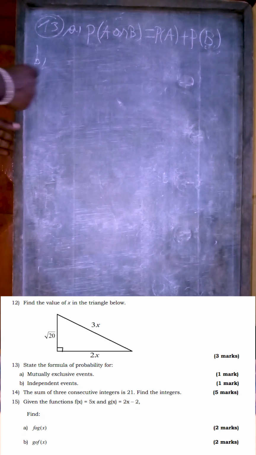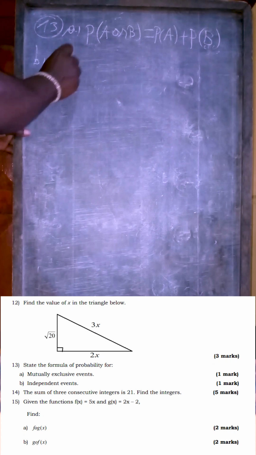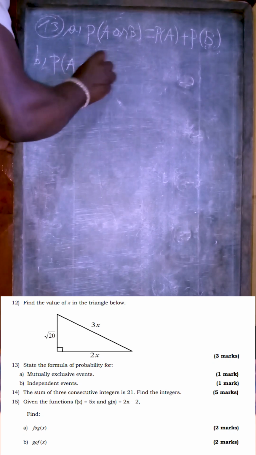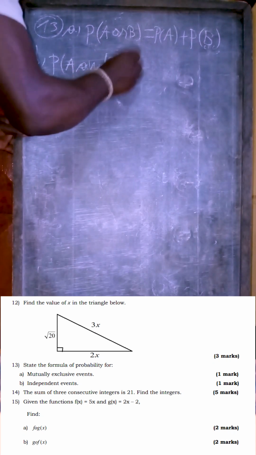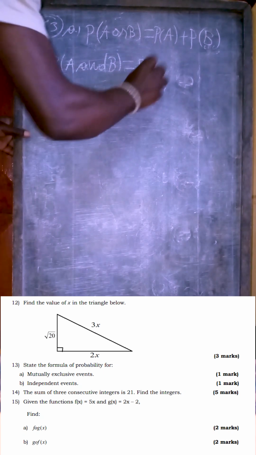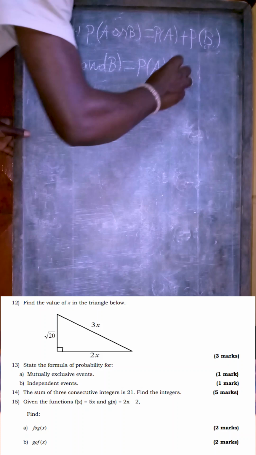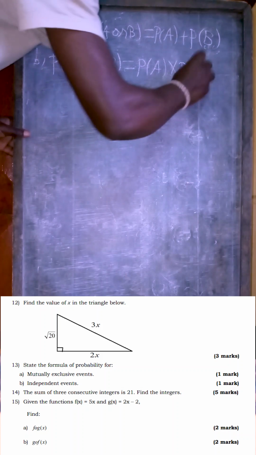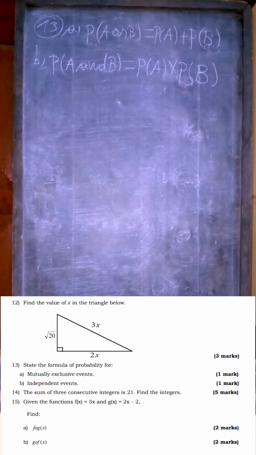For independent events, the probability of A and B is equal to P of A, the probability of A, times the probability of B. This is the formula for independent events.